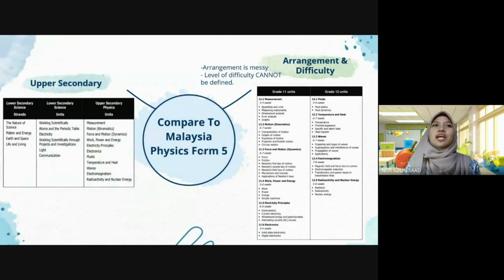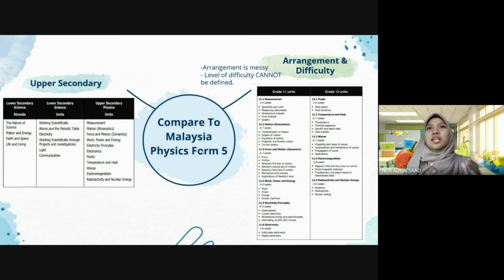We are looking at the upper secondary physics units, which are the topics or chapters in Papua New Guinea. What I can see is that all of them are learning what we are learning in Malaysia in Physics Form 5. What makes them different from us is the arrangement and the difficulty itself.